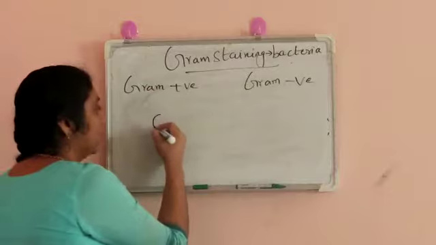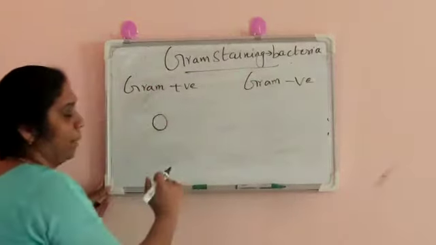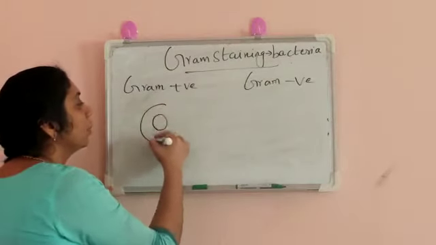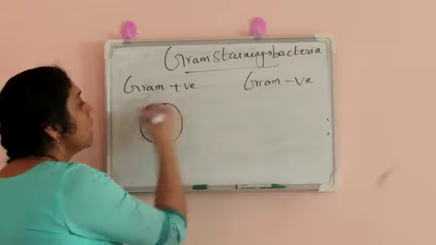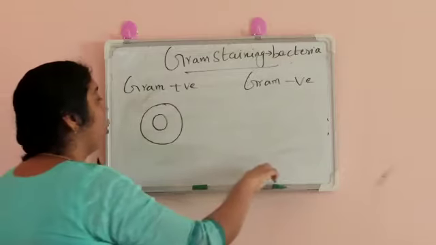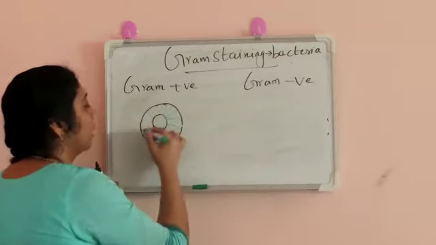If this is the bacteria, what makes it differentiate between gram positive and gram negative? If this is the cell, it consists of the cell wall and the plasma membrane. The cell wall is made up of multiple layers of peptidoglycan.